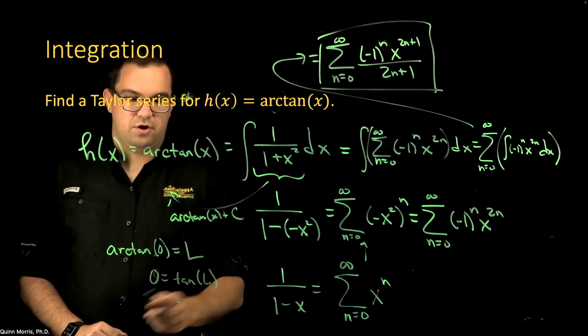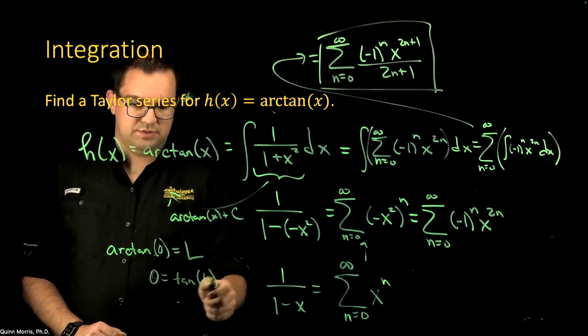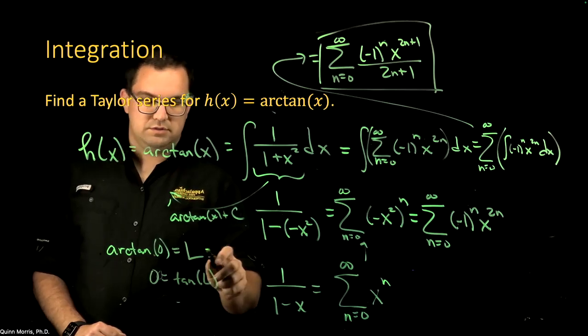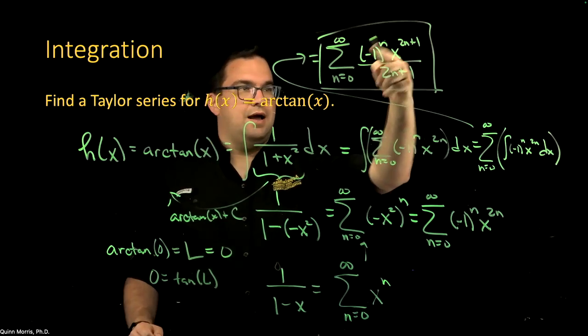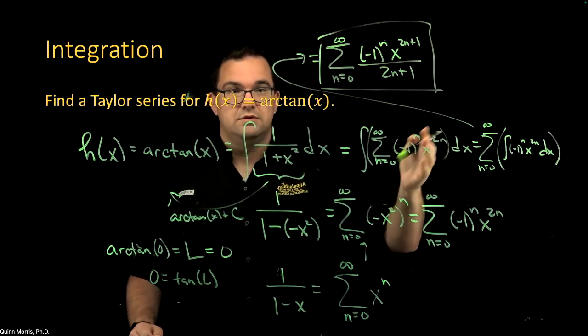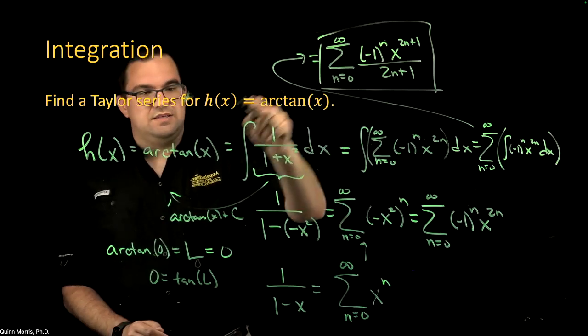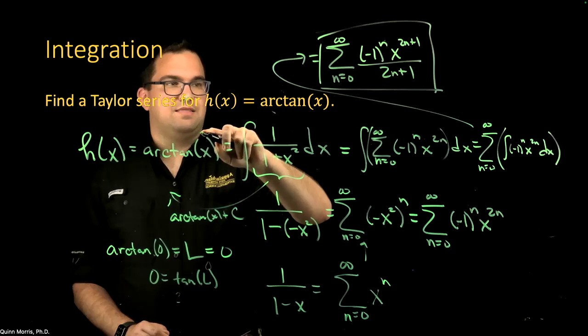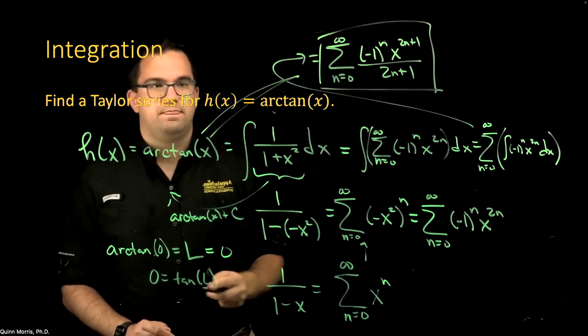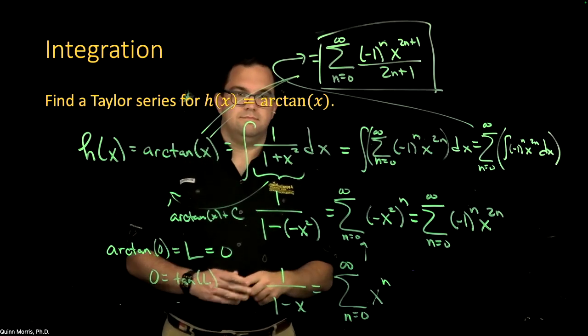Well, tangent is sine over cosine. It's when sine of L is 0. So that's 0. Now notice if I plug in 0 here, what am I going to get? I'm going to get a sum of a bunch of zeros. It's just 0. So in fact, this does match up. The C here that you get is just 0. So in fact, this is equal to that Taylor series.